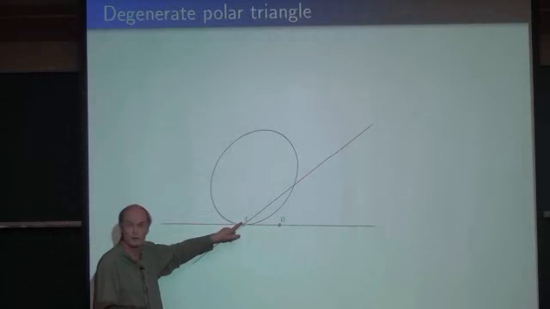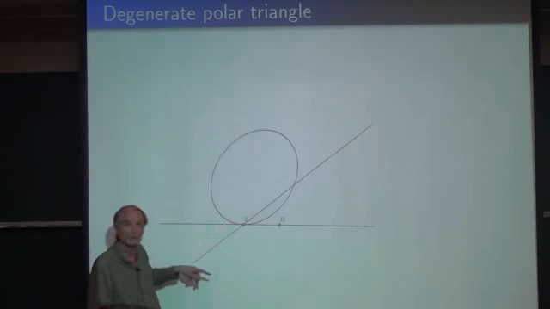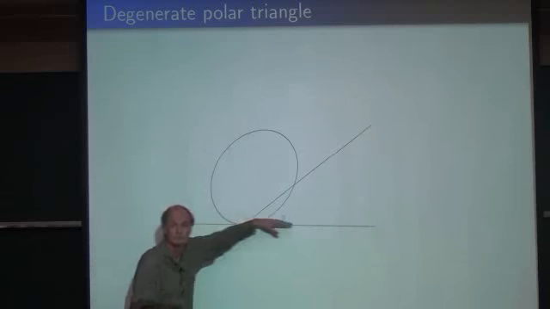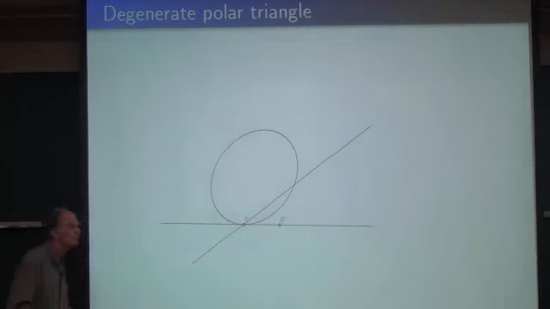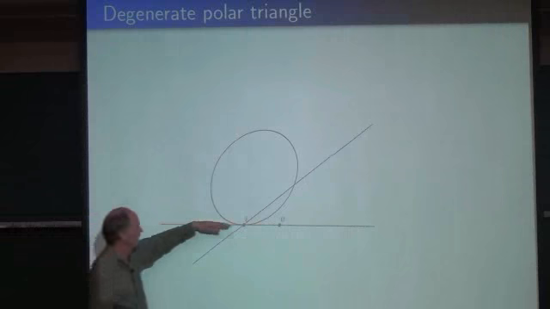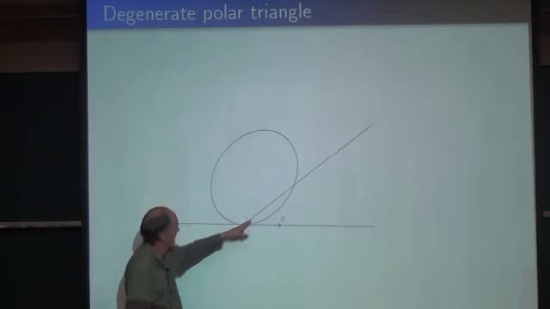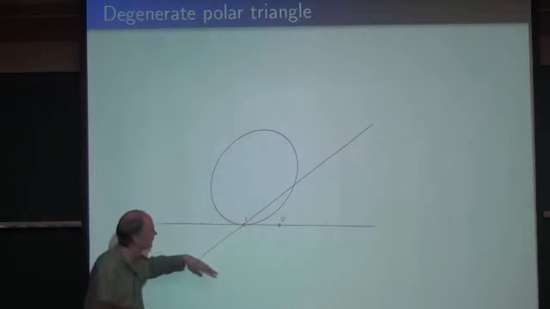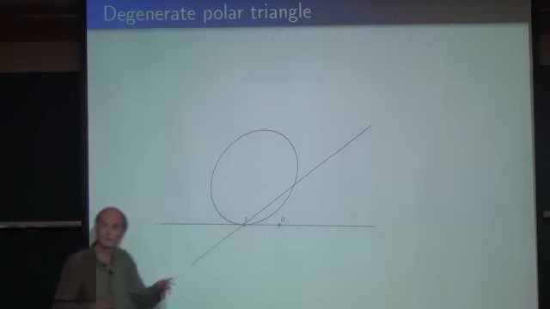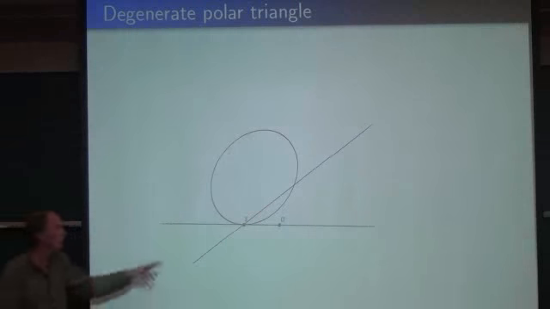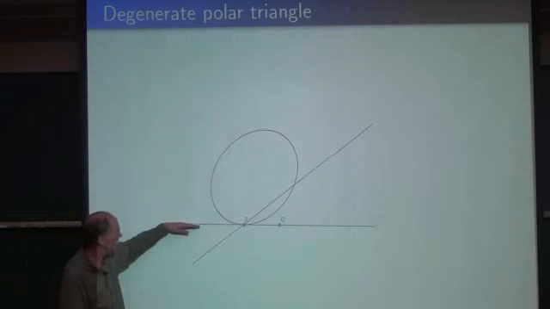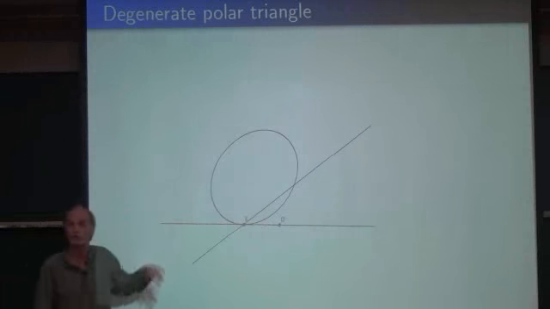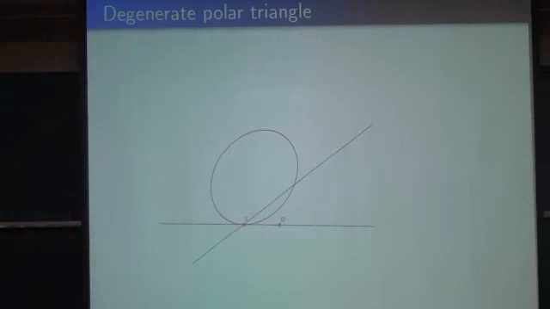If I choose a point on the conic, then the polar line is the tangent. And then the intersection between the tangent and this other polar line is E itself. So I have to do this twice. So somehow what used to be an honest triangle has been reduced to 2 lines. But one of them, the tangent line here, counts twice. Okay?